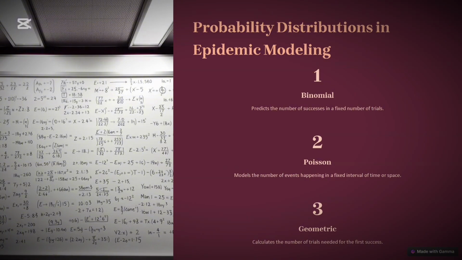And then we have the Poisson distribution, where within a fixed interval or space, for any event that takes place within that time frame, we take into consideration how it affects the spread of the disease.